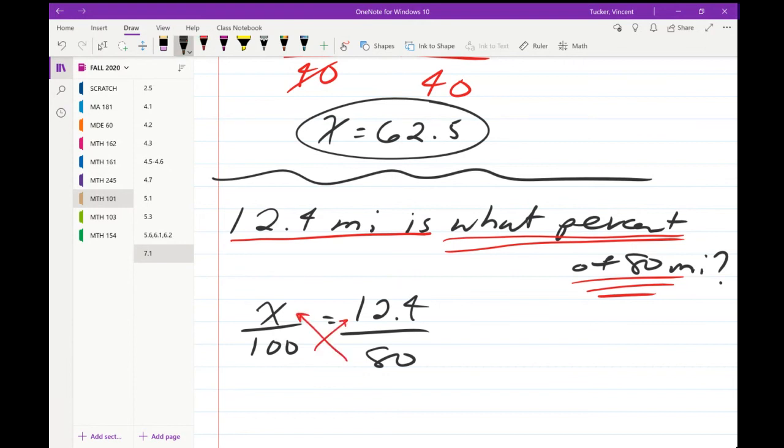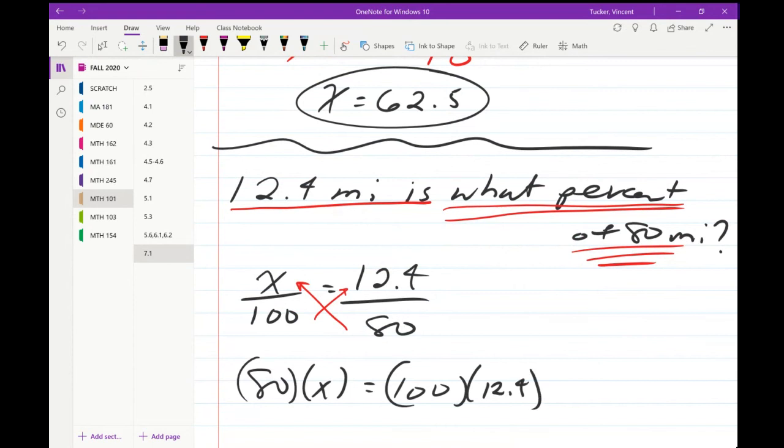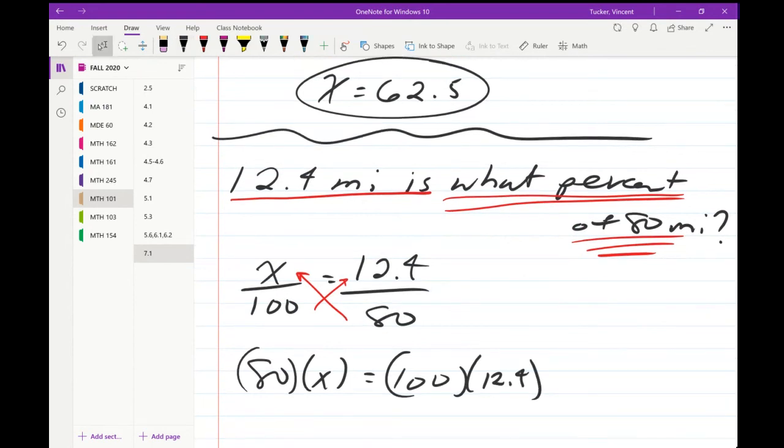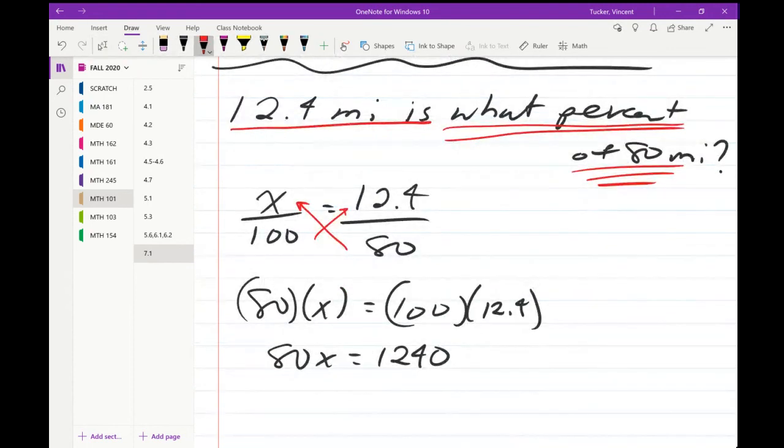Cross multiply. All right, so that'd be 80x equal to 1240. Divide by 80. X is equal to 15.5.